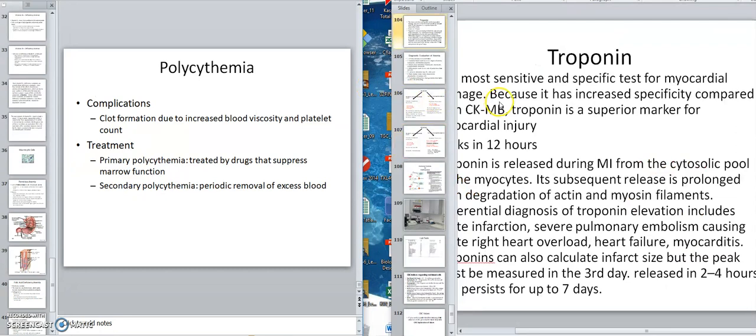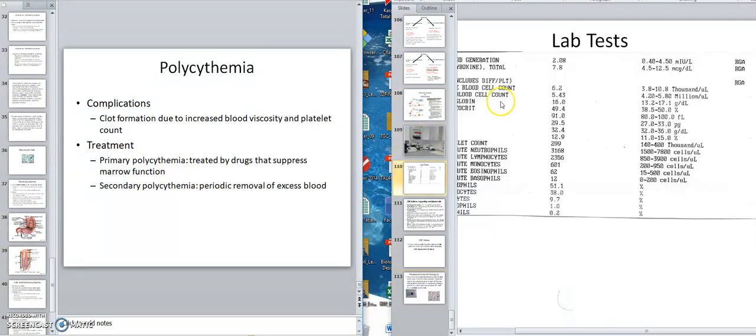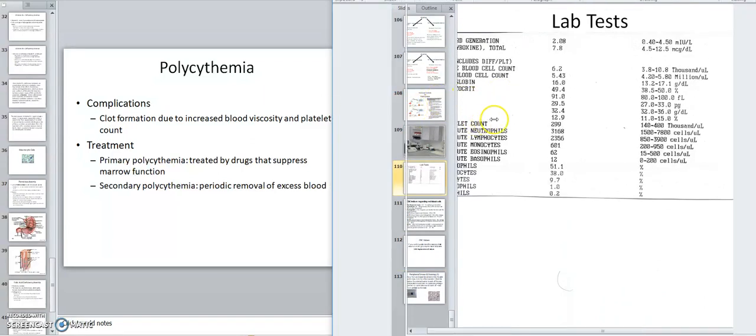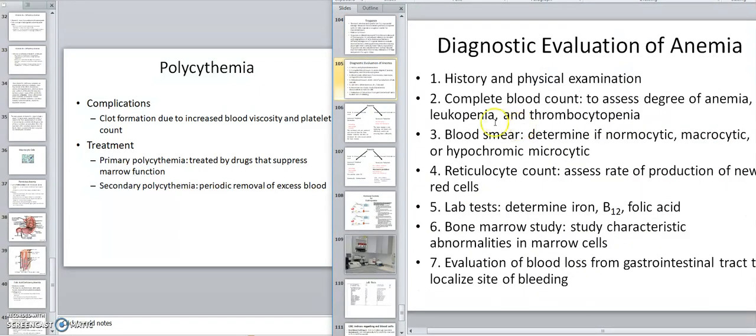So let's go back as a quick review before we close. We're saying that the workup is a history and physical examination, and a complete blood count to say if you're anemic. Then you do the CBC and the blood smear if the person is anemic.